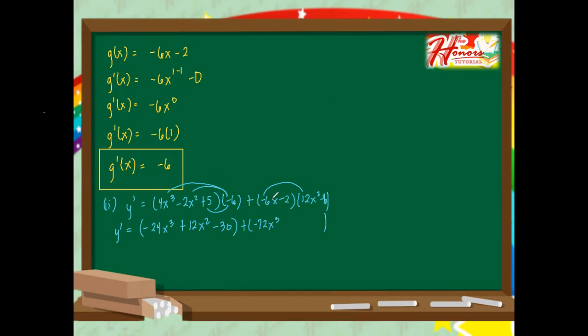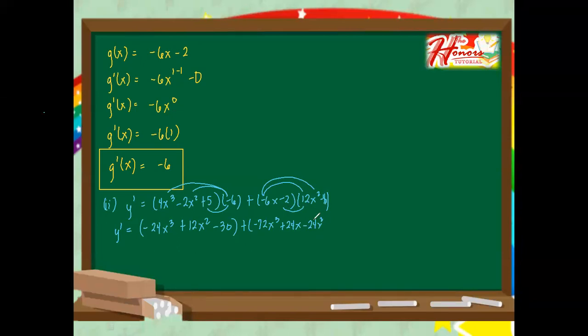And then we will be multiplying negative 6x and negative 4x. That is positive 24x squared. And then negative 2 times 12x squared, that is negative 24x squared. Of course, we are not yet done. So let's continue solving.